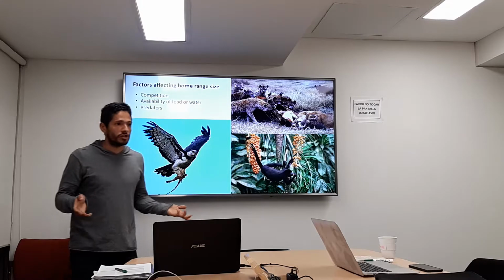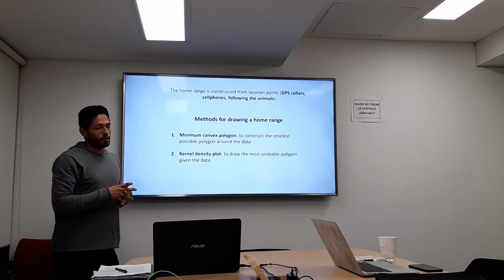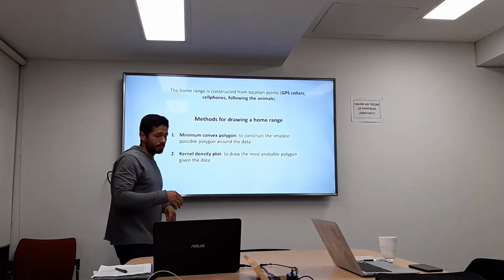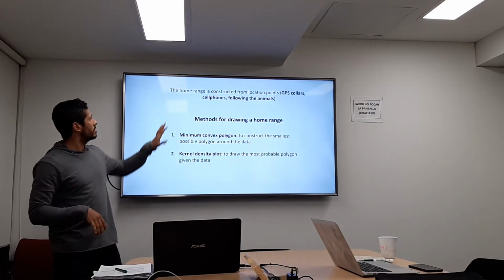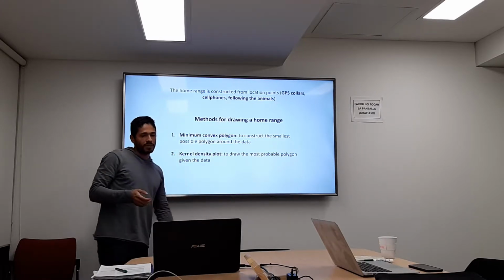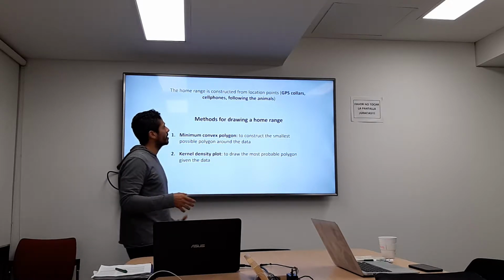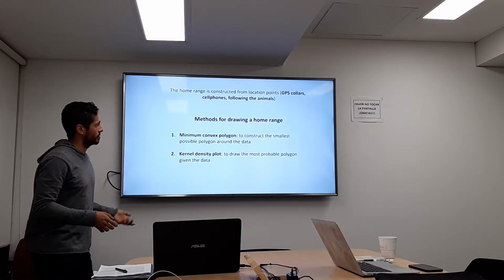But how is the home range of an animal measured? The home range of an animal is constructed based on a set of location points. And there are a lot of ways that we can register these points.